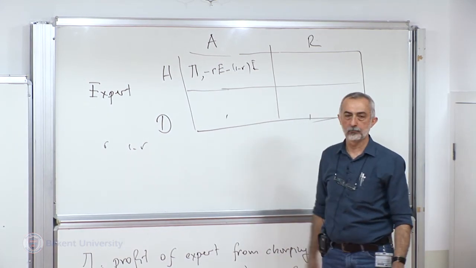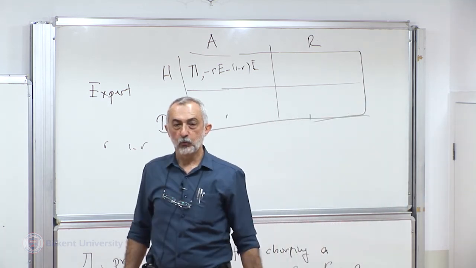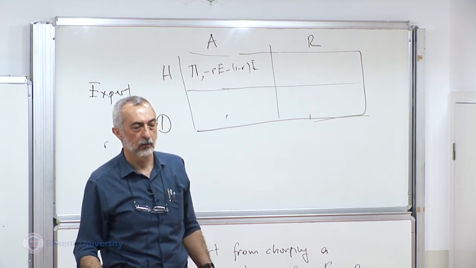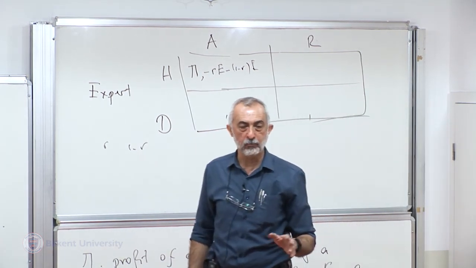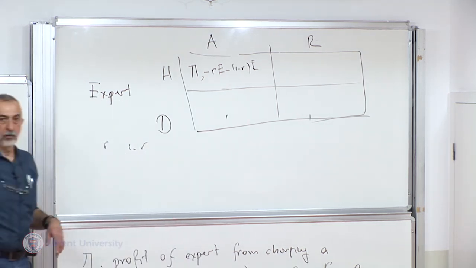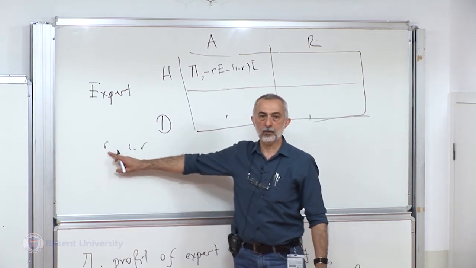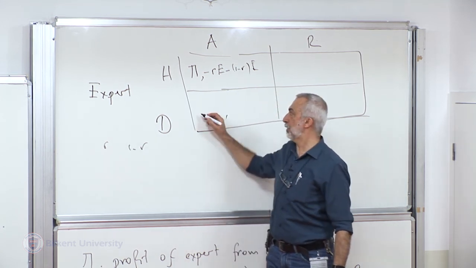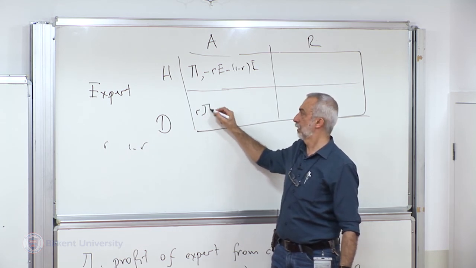So the expert is not honest, which means what? Well, he will always say it's a major problem, so he will always charge E. But then what will happen? With r probability, it will truly be a major problem, and his profit is going to be r times pi.